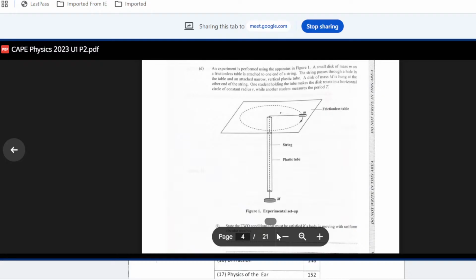So we must have a body traveling at constant speed at a tangent to the circular path, and acceleration or force towards the center of the circle, perpendicular to that velocity.